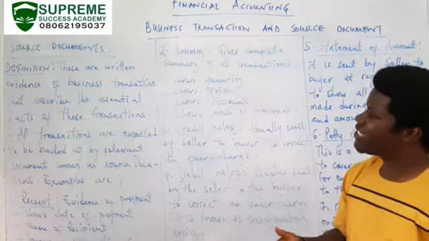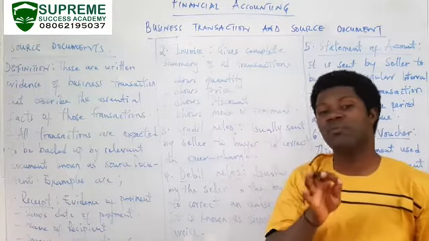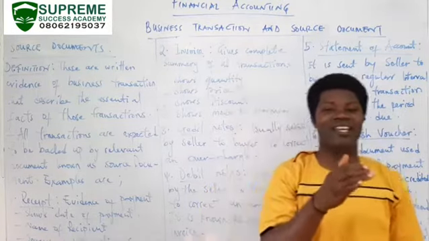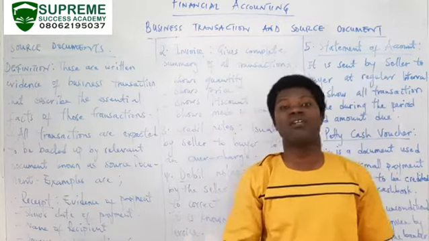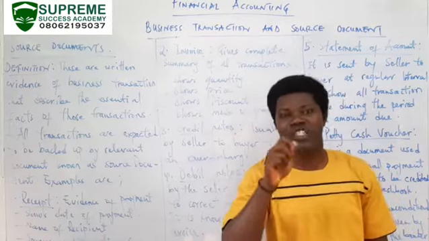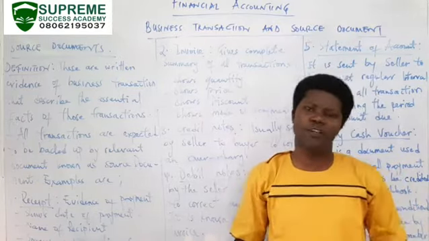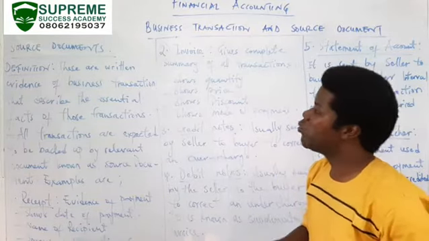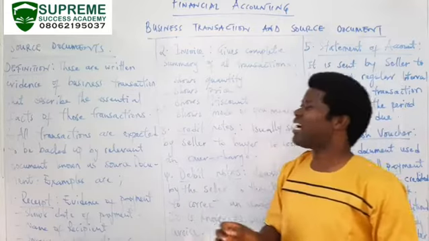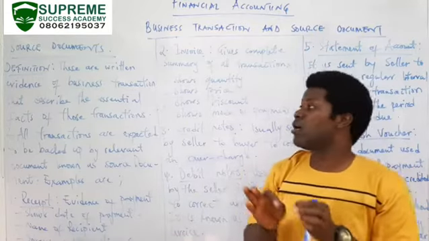For every transaction, there must be written evidence for us to be sure that those transactions actually took place. It helps us to prevent issues of fraud and the likes. So we have source documents, which are written evidence that a business transaction actually took place.